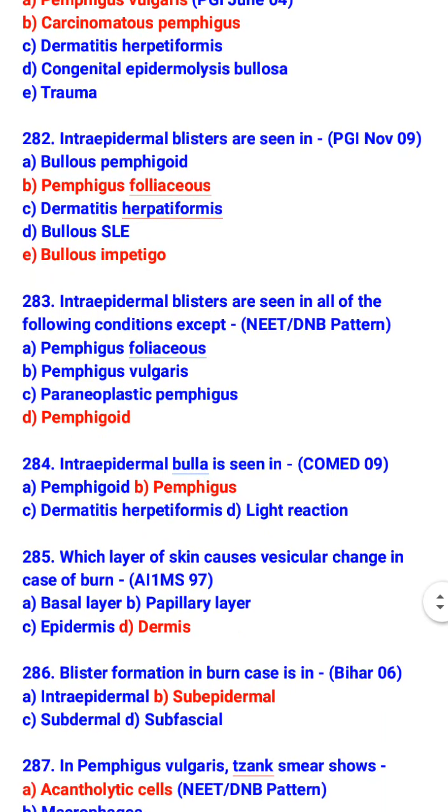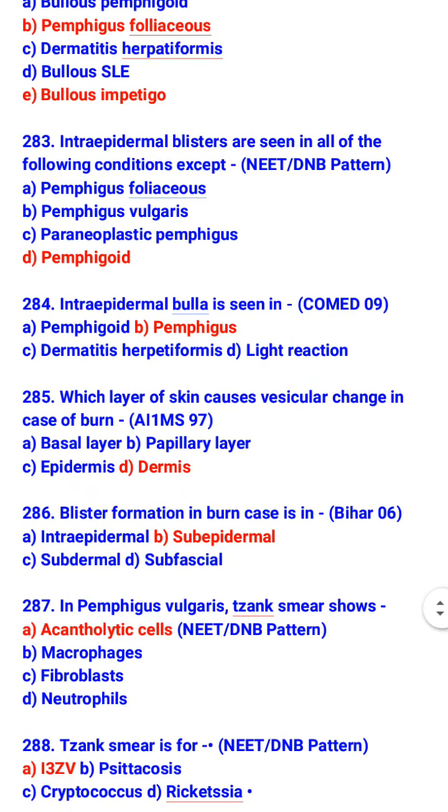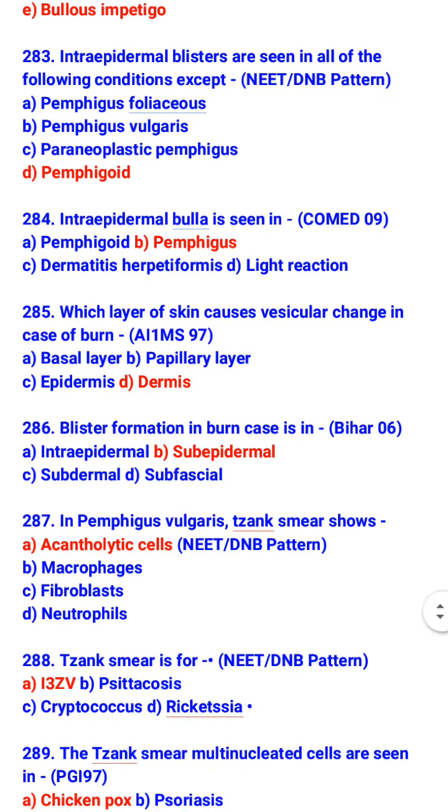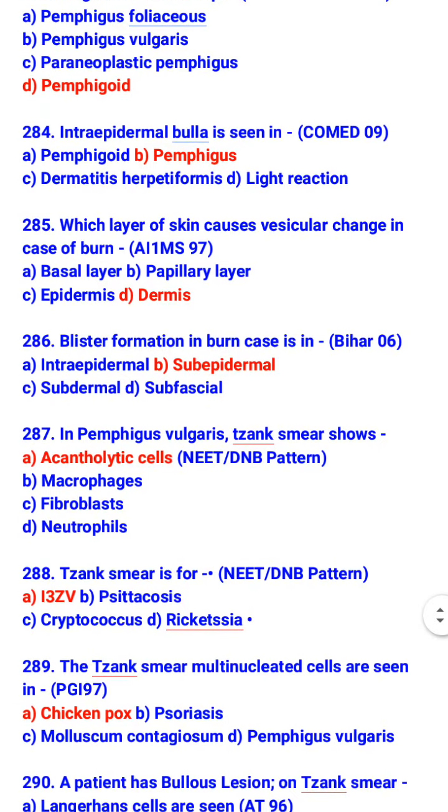Intraepidermal blisters are seen in all of the following conditions except pemphigoid. So it is seen in pemphigus foliaceus, pemphigus vulgaris and paraneoplastic pemphigus. Which layer of skin causes vesicular changes in case of burn? Blister formation in burns is subepidermal.